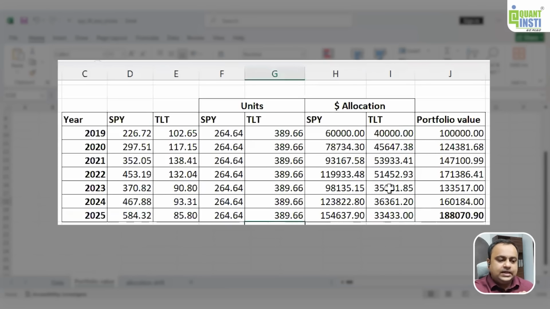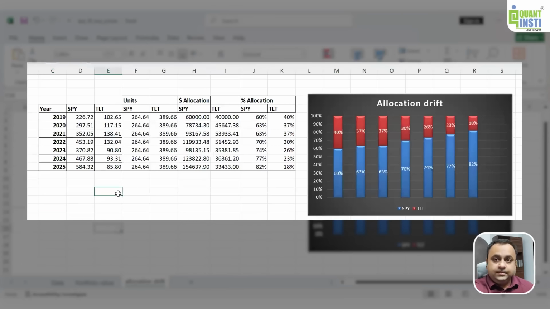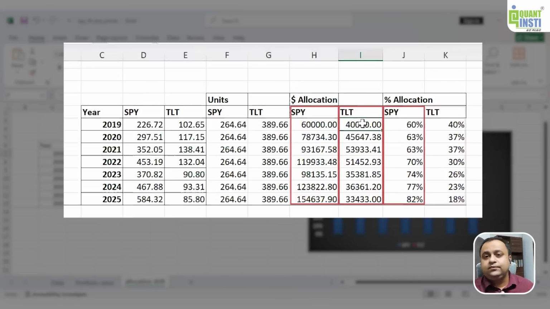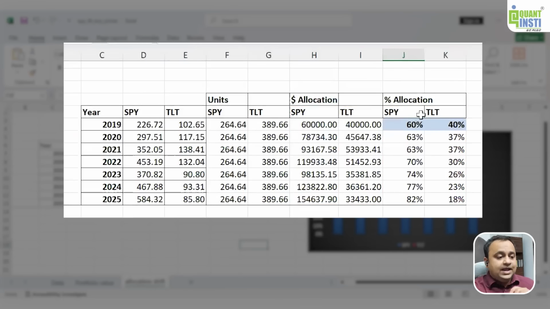Now, while my portfolio is performing and I'm quite happy looking at the results, I see that over a period of time, my allocation, which was supposed to be 60,000 and 40,000, or 60-40, has actually changed. As the price of SPY has risen significantly and my number of units has not changed, I see a rise in SPY, not just in terms of value, but also in the percentage allocation it has inside my portfolio.